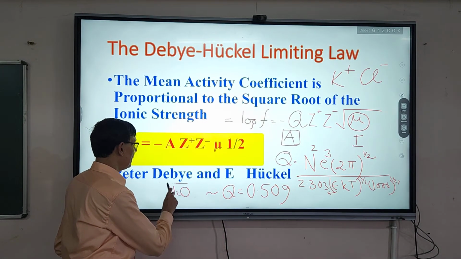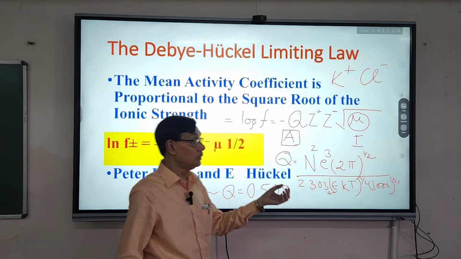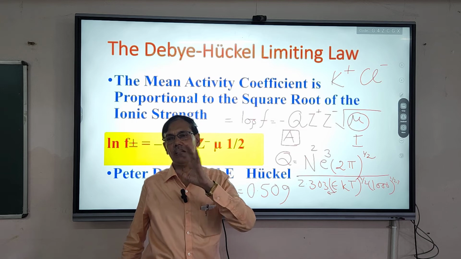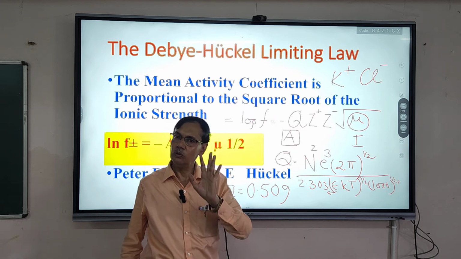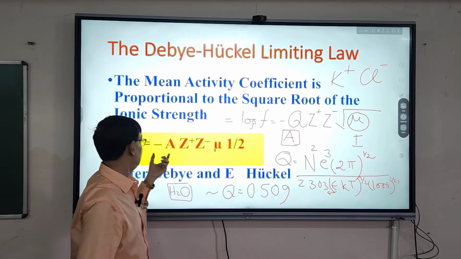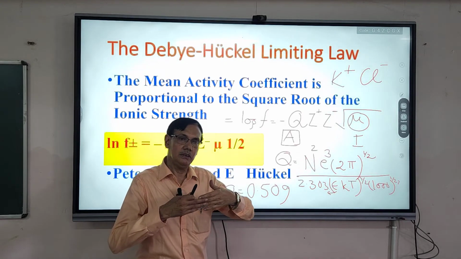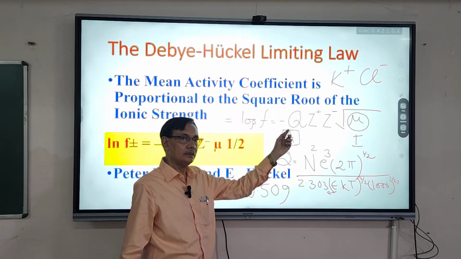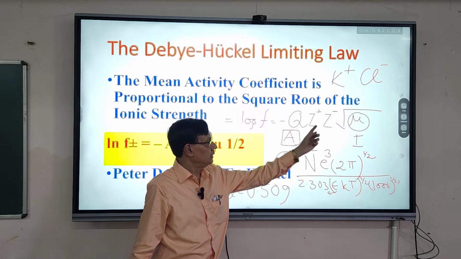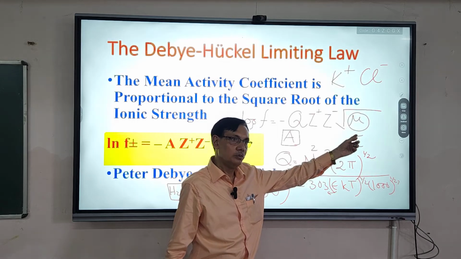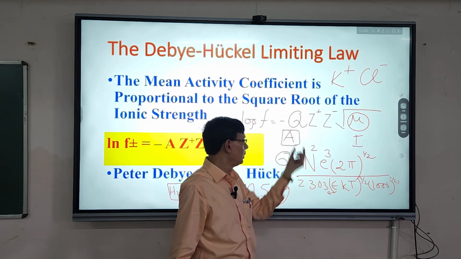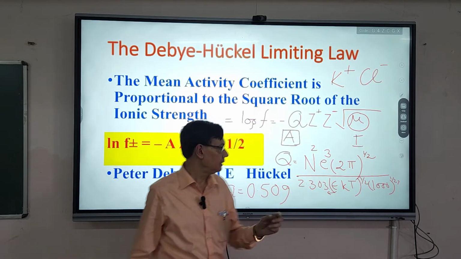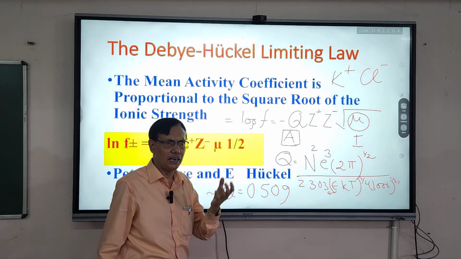Don't worry about the derivation of the Debye-Hückel limiting law or Debye-Hückel-Onsager theory, or the thickness of the ionic atmosphere. You just have to write this equation, the relationship between the activity coefficient and concentration: log f is equal to minus Q Z plus Z minus under root of mu, where Q at room temperature for water is approximately 0.509.